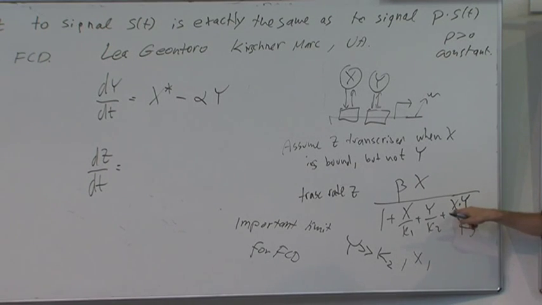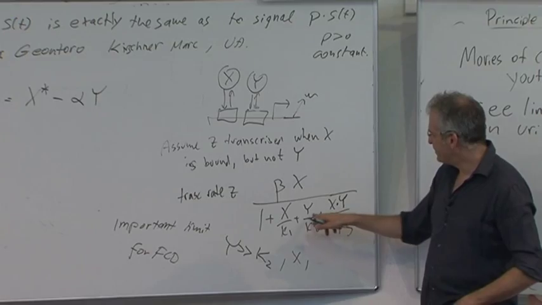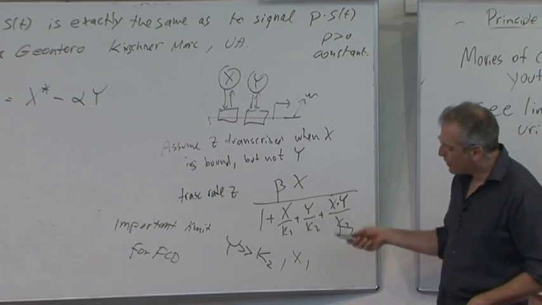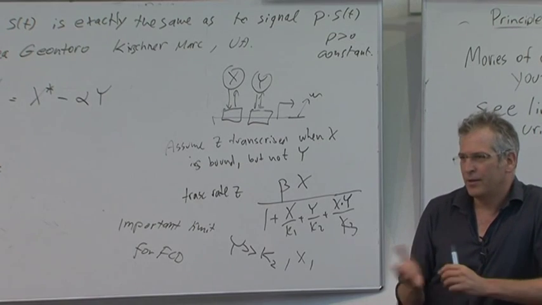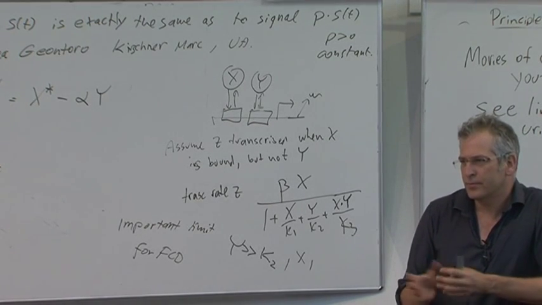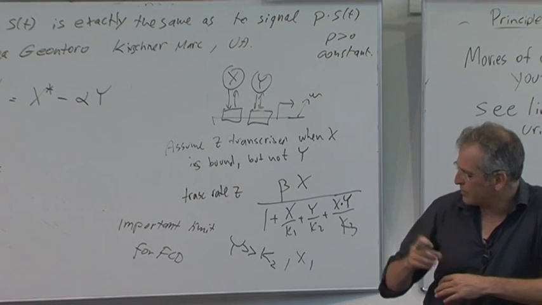Because this is the probability that both X is bound and Y is bound. So they need the product of both concentrations. It's like they're there at the same time. And you can derive that with the same kind of algebra that I just did by asking yourself all the possible states, just like I did with the case of just a single Y.